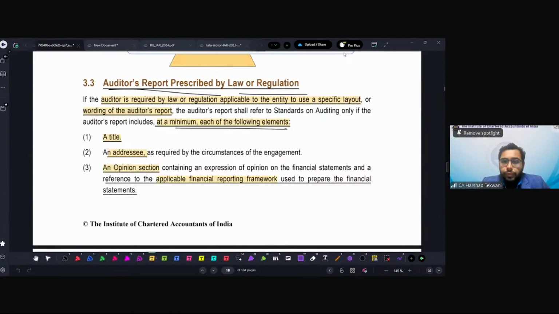But the answer is not that simple; it totally depends upon the type of conflict and how big that conflict is. If the conflict is of such nature that you cannot issue two reports together and that would be misleading, then you might need to issue a separate report, but again the references are required to be provided.